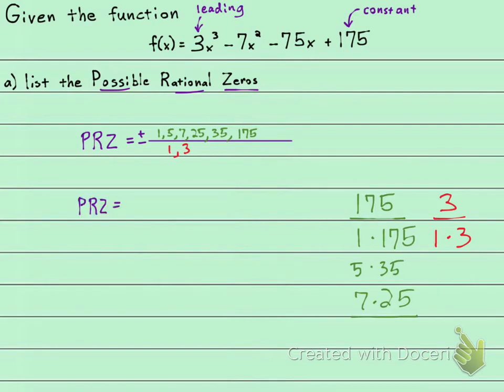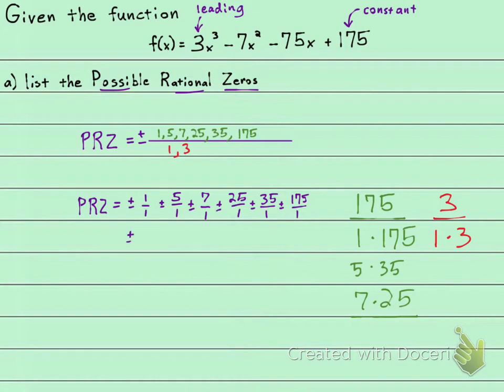So my possible rational zeros: plus or minus 1 over 1, plus or minus 5 over 1, plus or minus 7 over 1, plus or minus 25 over 1, plus or minus 35 over 1, plus or minus 175 over 1. Now I'm going to do all of these over 3.